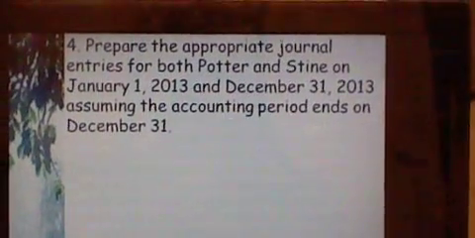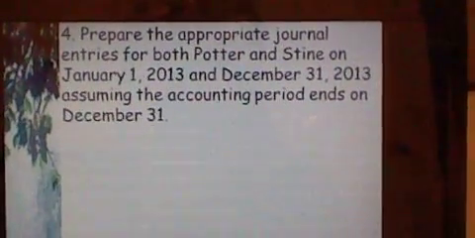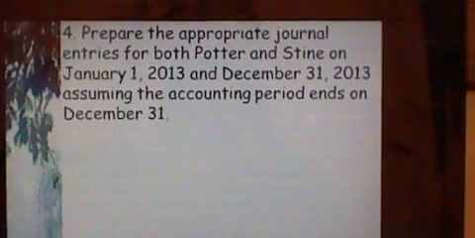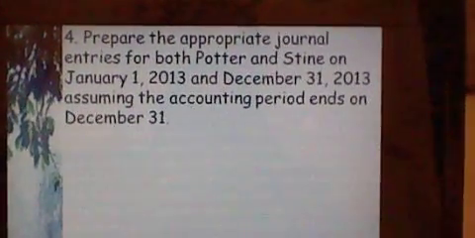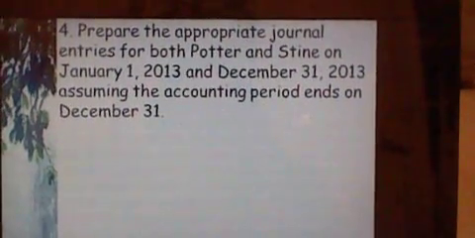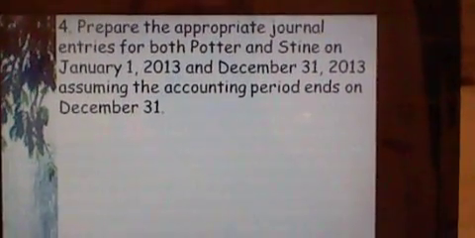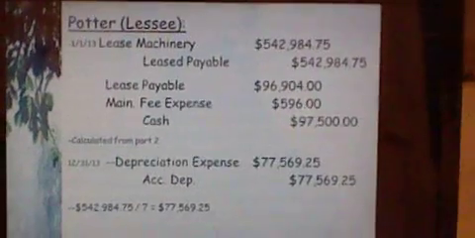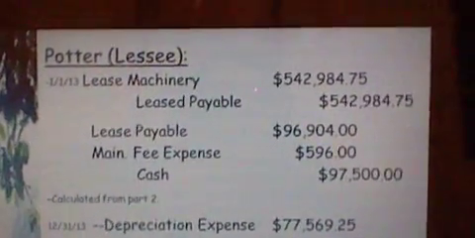The last part is prepare the appropriate journal entries for both Potter and Stein on January 1st, 2013 and December 31st, 2013, assuming the accounting period ends on December 31st. We will start with Potter, the lessee.